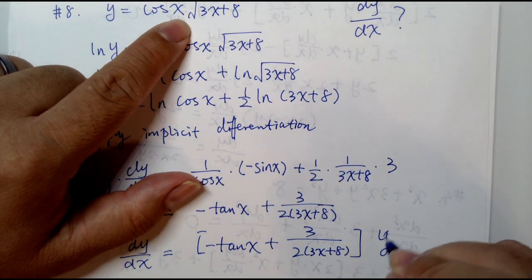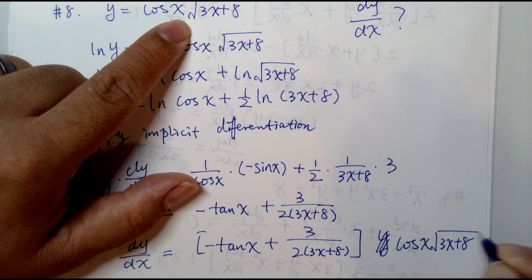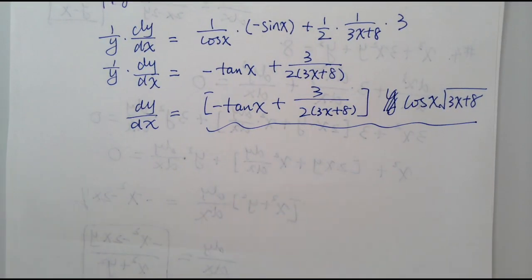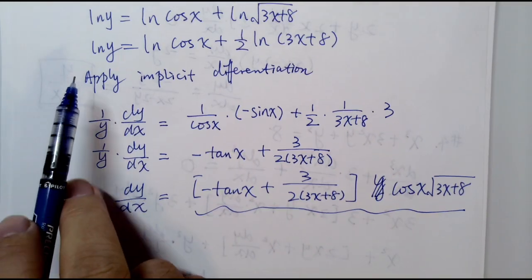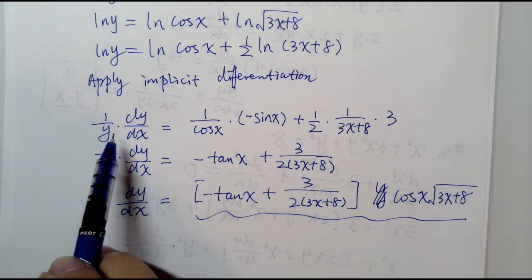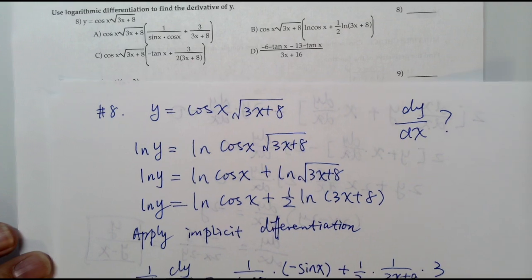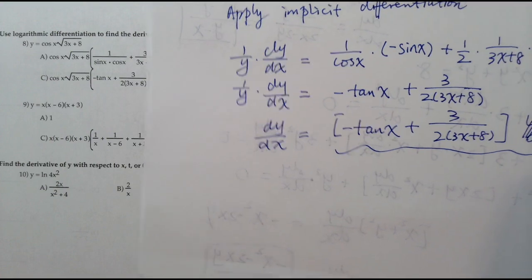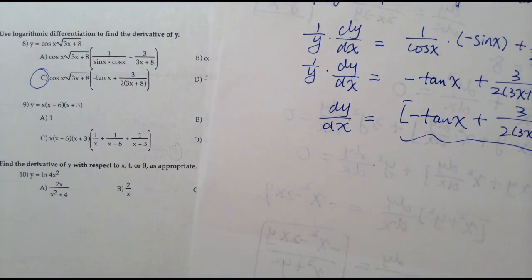So that is your answer through the logarithmic differentiation. Okay, so that's number 8. And the derivative of ln y with respect to x is always 1 over y times dy/dx. So to go back, trying to see what we want. So it turns out, we'll see that C is what we want.